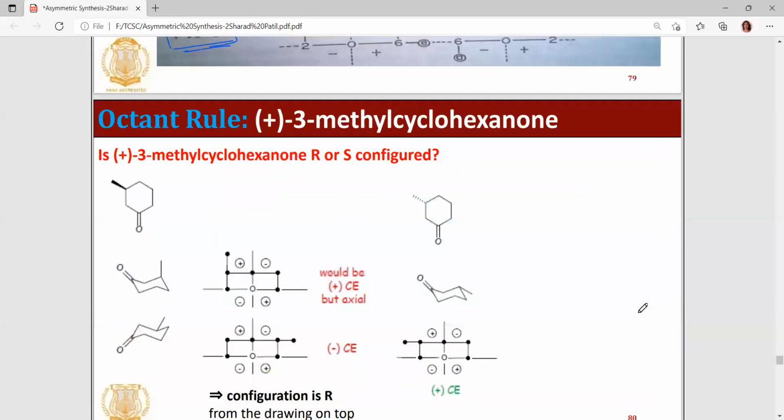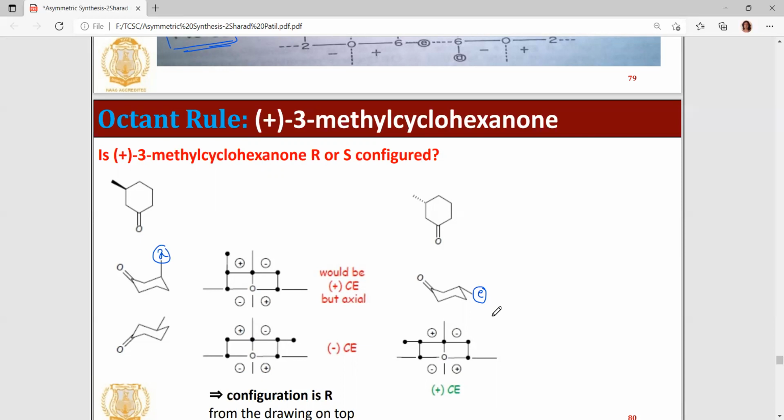We'll try to solve another example as well, which is 3-methylcyclohexanone. Again, we can write this down. So here 3-methyl, this is axial. Okay, and 3-methyl, this is equatorial. Instead of halogen, actually they have given us the equatorial position.